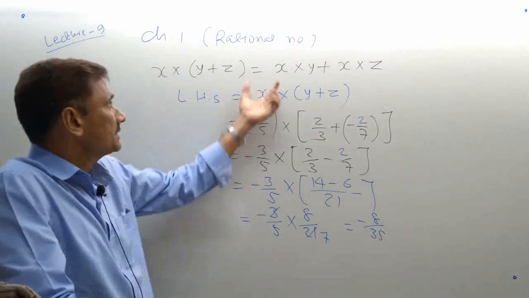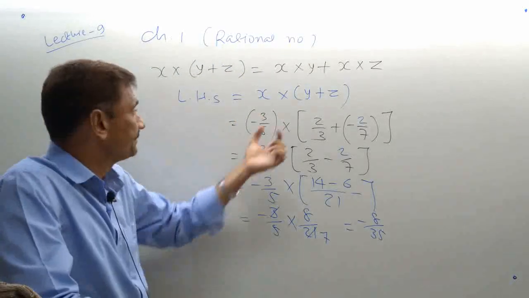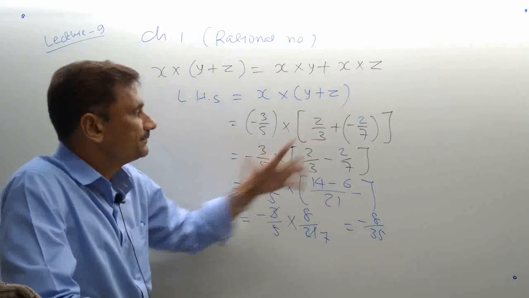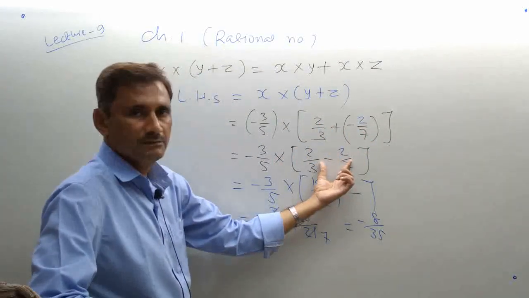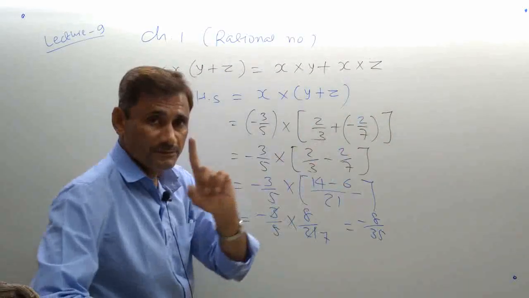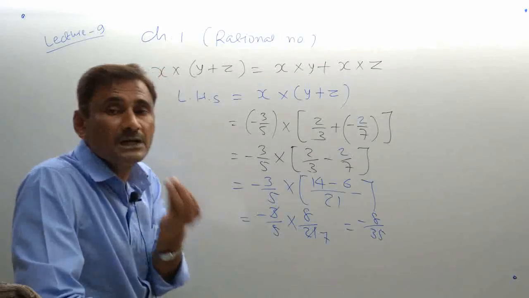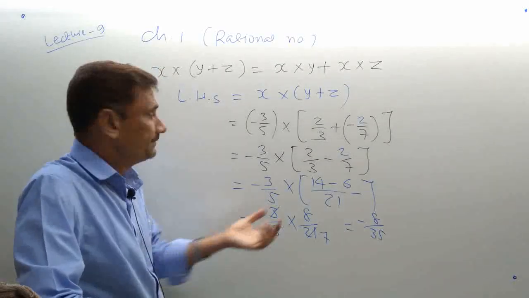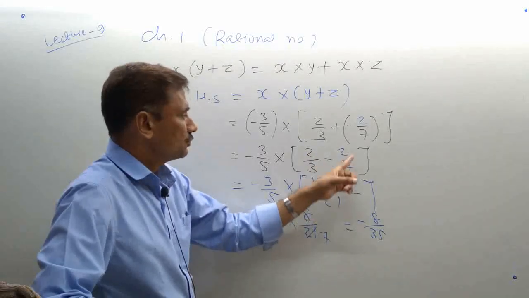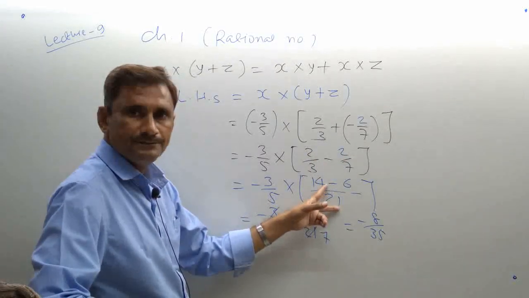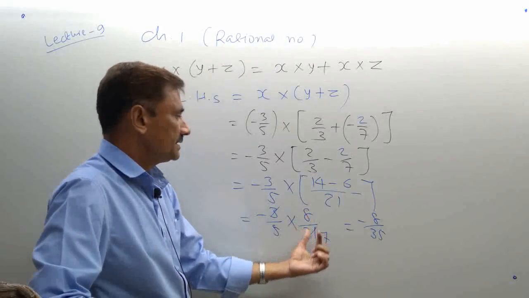So first of all understand, write down the left side only whenever you are verifying any property. Okay, place all values. After placing all values, I first open this bracket, because we should simplify the bracket first. According to the BODMAS rule, you have to simplify the bracket first, P for bracket. Okay, so the bracket is simplified. Okay, 14 and 6 are written here. Now it is 14 minus 6, 8 upon 21.